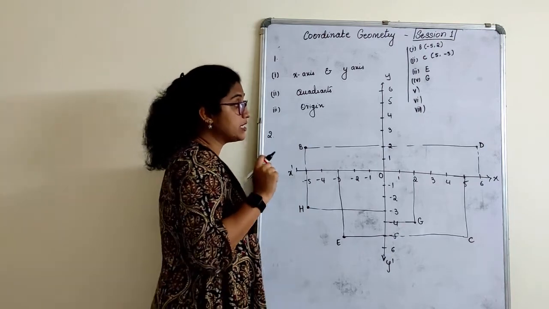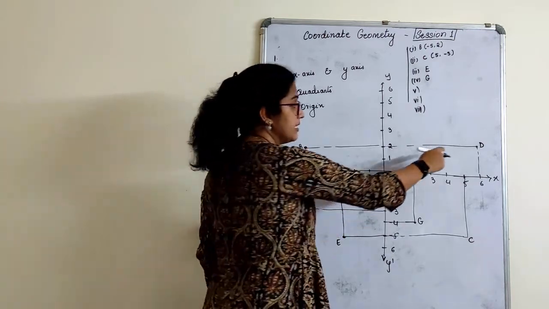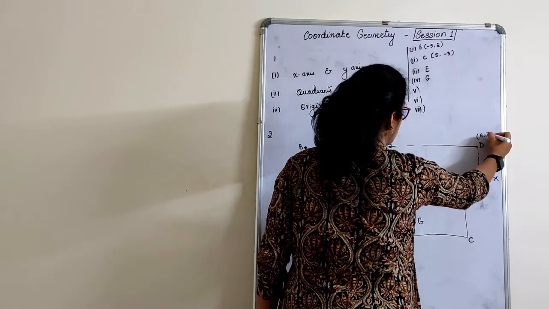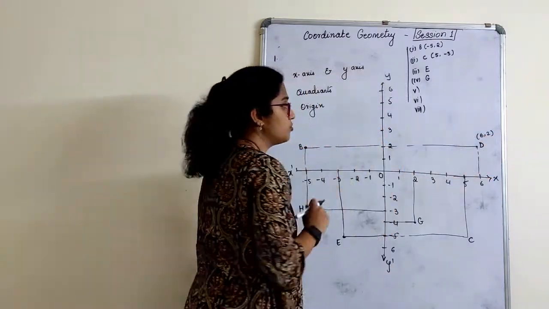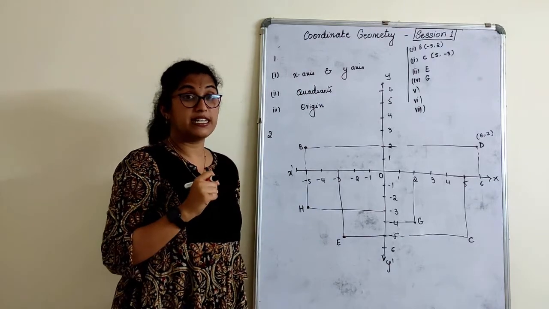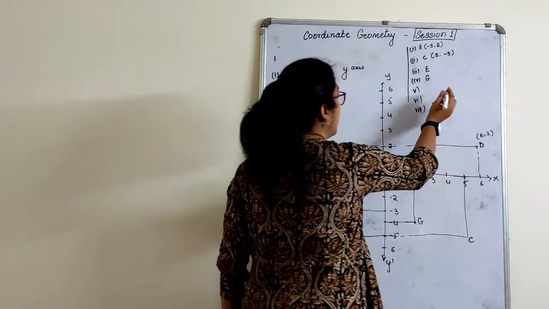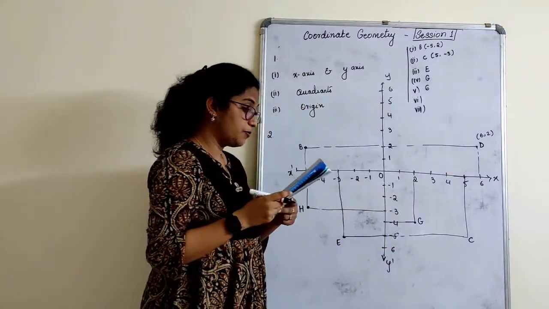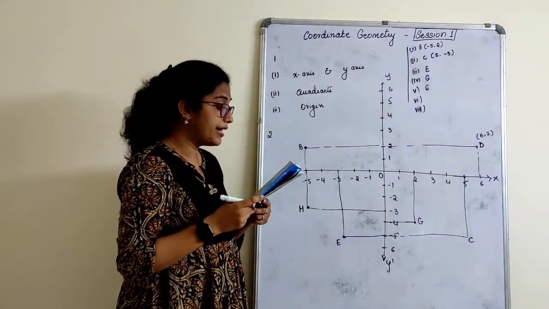X-axis. The abscissa of point D is, see, D has what coordinates, children? I'll just write here 6 comma 2. Right? This is 6, 2. What is its abscissa? Abscissa is nothing but x-axis. Answer is 6.